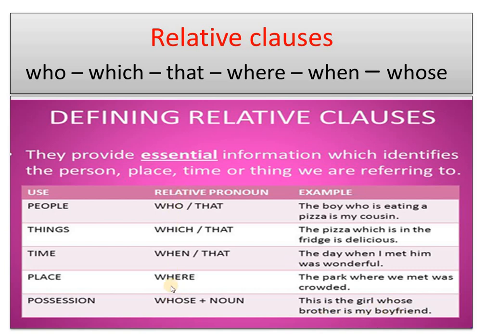So we use these relative pronouns: who, that, which, that, when or that, where, and whose, and every one of them is used for something different. This is when we want to talk about the defining relative clause.